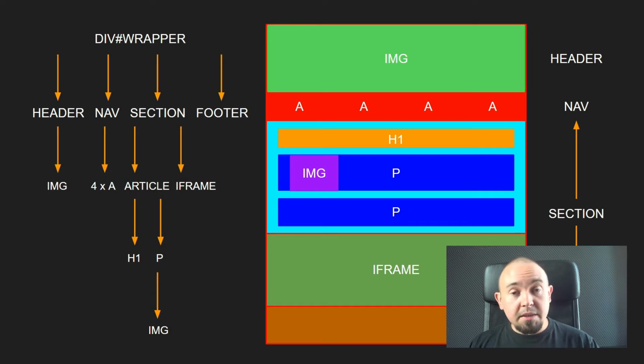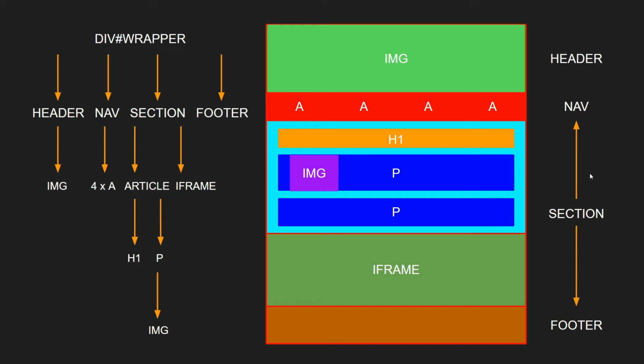The next thing is the biggest part of our website, and that is the section right here, which branches to 2 elements, an article and the iframe. And then our article branches to 2 elements, which are H1, the heading of our website, and some P elements where we have an image in one of them. You can see it right here.